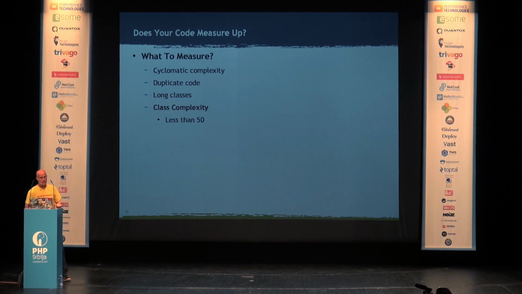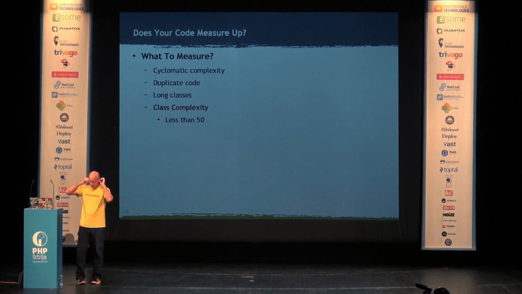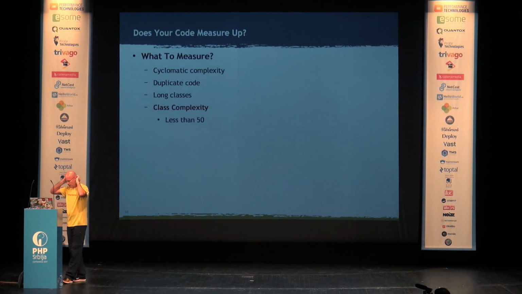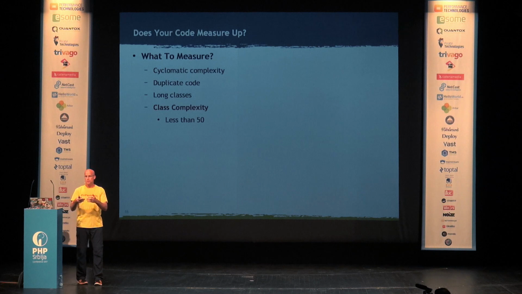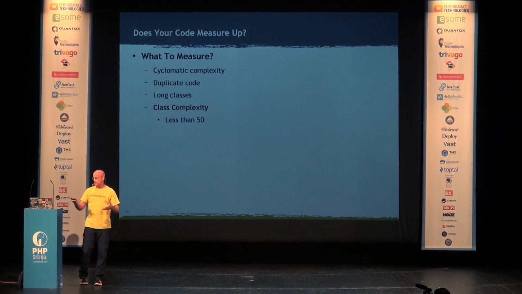We also want to take a look at the class complexity. Now, this is the cyclomatic complexity we were already talking about. And the cyclomatic complexity, remember, we try to keep those nice and low. I personally try to keep my functions around 4 or 5 cyclomatic complexity. So if your class has a certain number of functions within it, the cyclomatic complexity is going to carry through to the entire class.